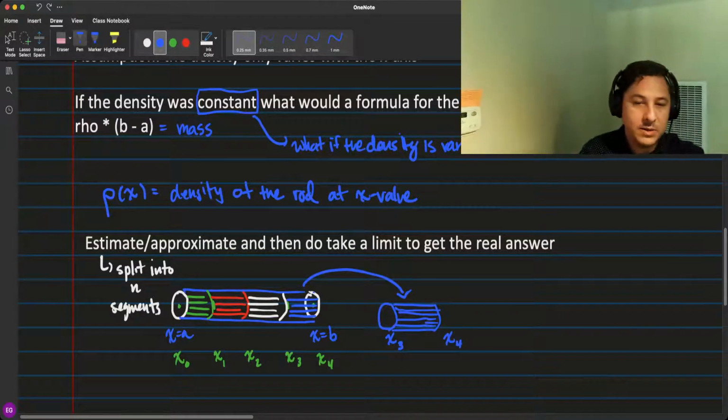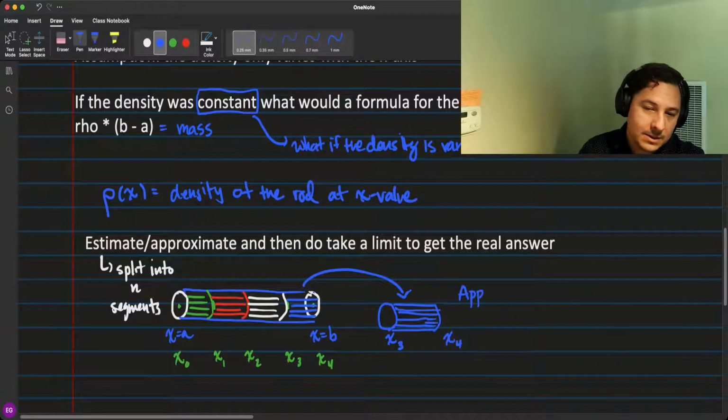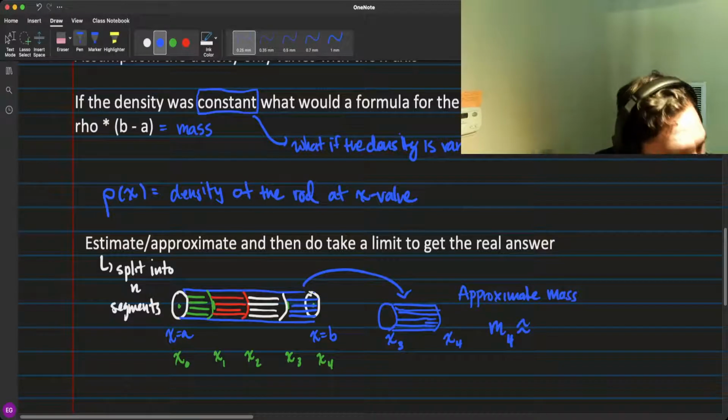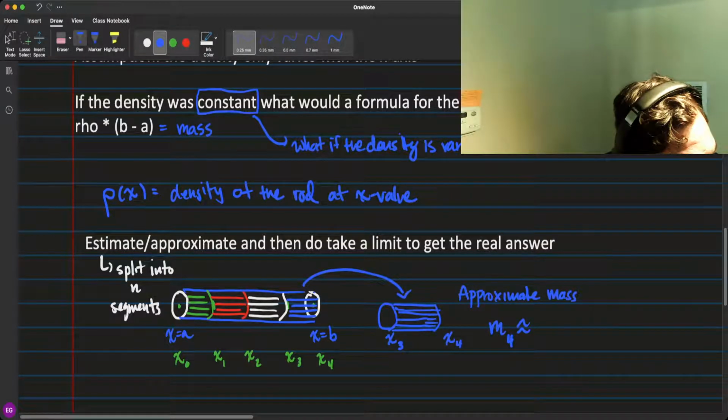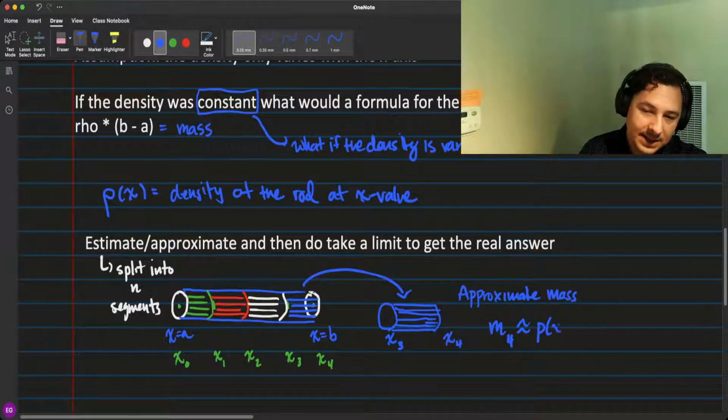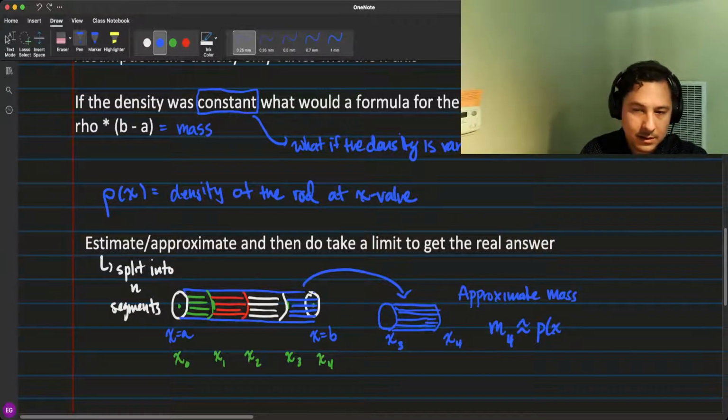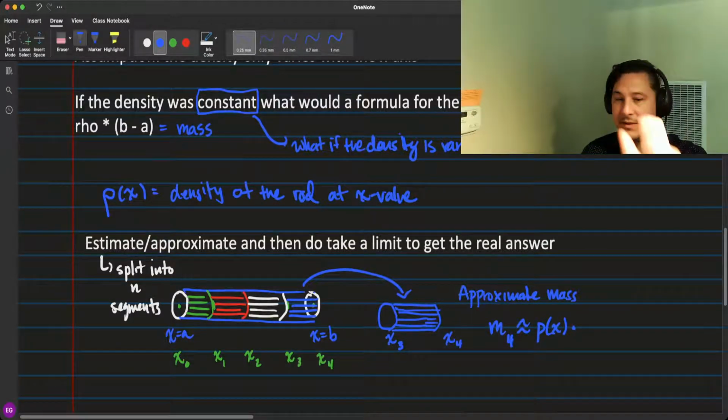So we want to approximate the amount of mass. So the mass of this fourth component is approximately equal to some amount of density times the length of it, right?